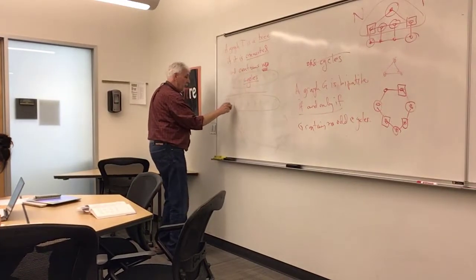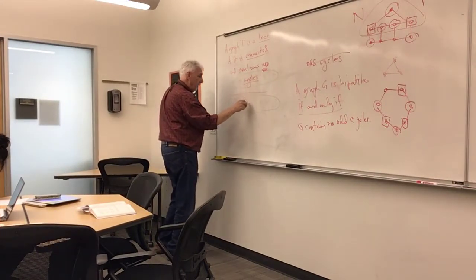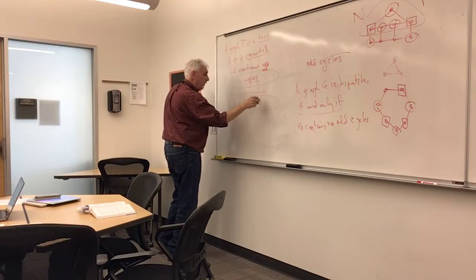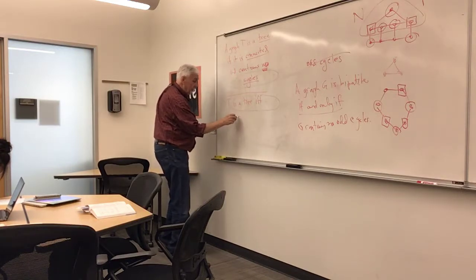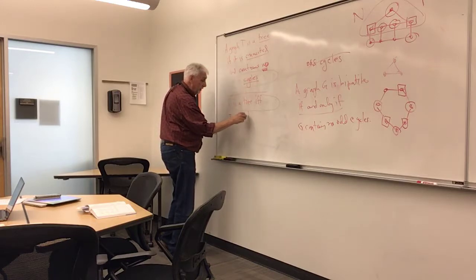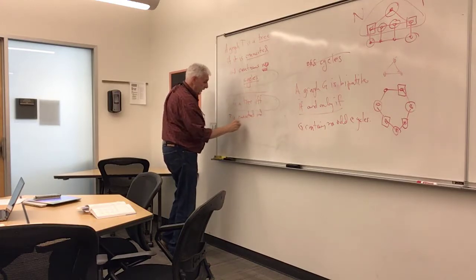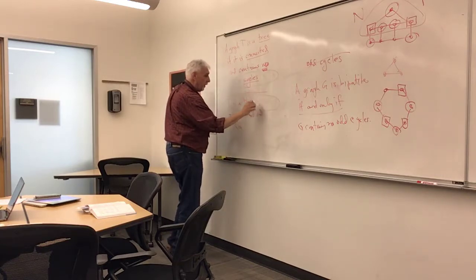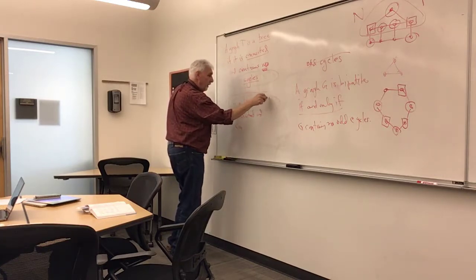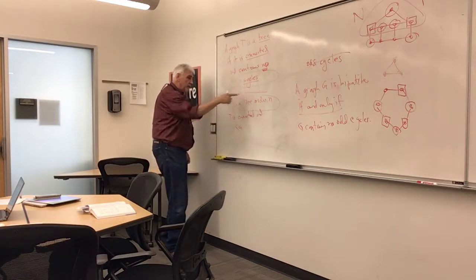T is a tree if and only if T is connected and contains, sorry, T is a tree of order n. I need the number of points. Order n, so the size of the vertex set is n.